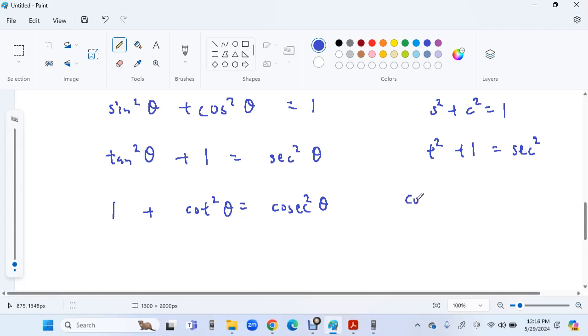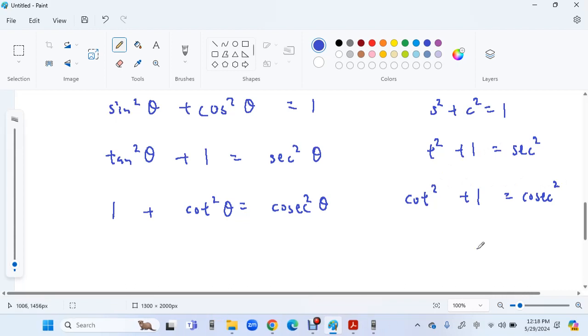And then we have the cotangent square plus 1 will be the cosecant square. Okay, so this is how I memorize. So the tangent plus 1 and the cotangent plus 1: the one with cos is mixed with the cos, the one without cos is mixed with the one without cos. So tangent square plus 1 is secant square, and cotangent square plus 1 is the cosecant square.